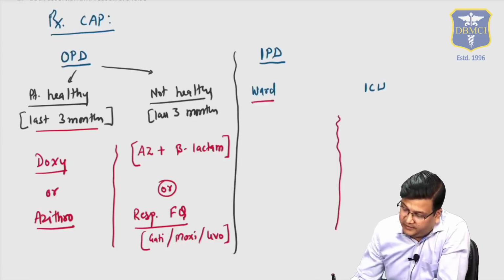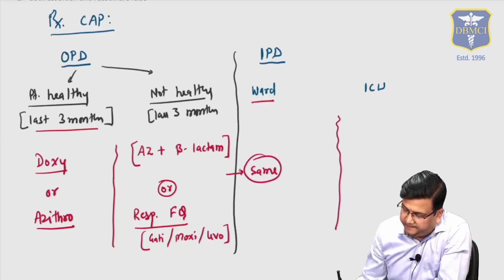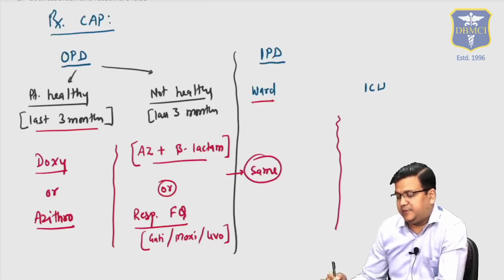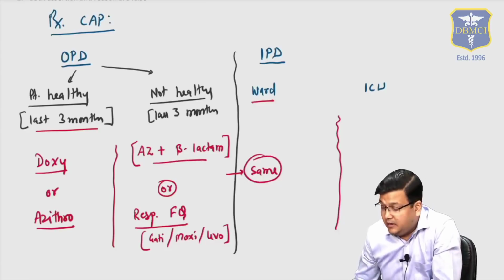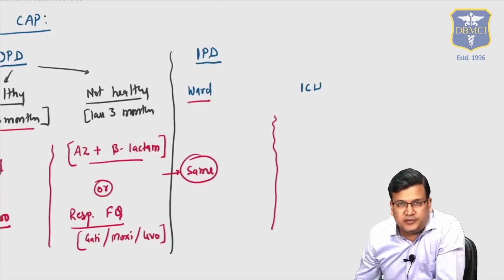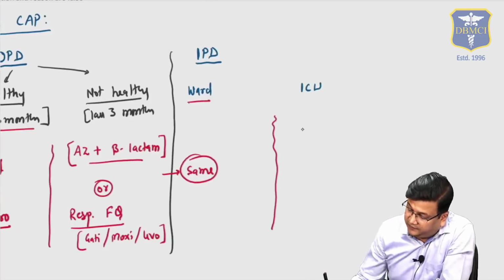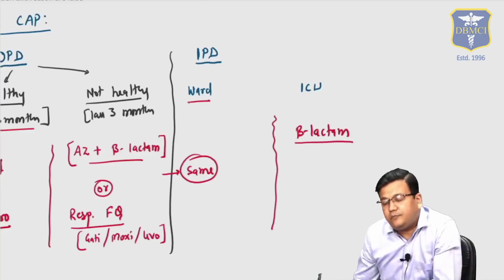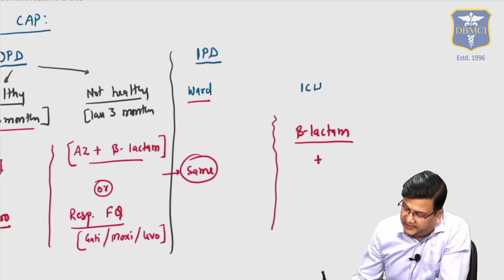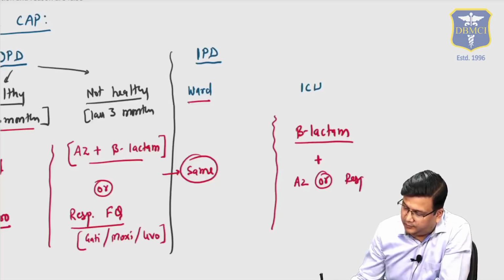If he is admitted in the ward, then the same as the OPD, a combination of this or a respiratory fluoroquinolone can be given. If the patient however is admitted to the ICU, then we have to give beta lactam. Beta lactam has to be given. Along with beta lactam, we can either give azithro or a respiratory fluoroquinolone.